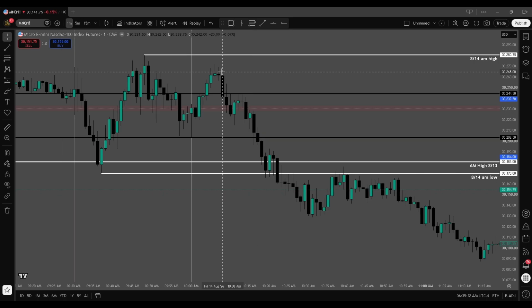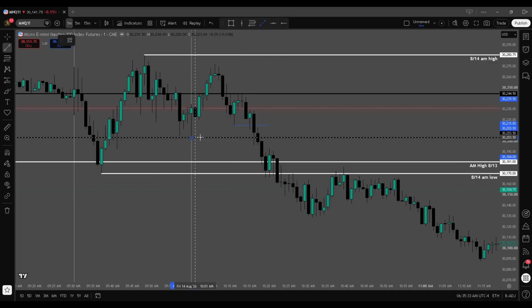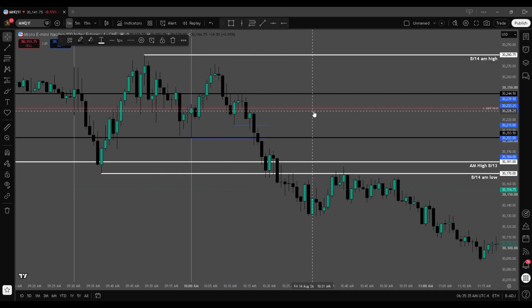What we're looking for is that break of structure. We have a low, a higher low, and we can see that this one gets broken. This one as well gets broken. So we see the closure down here and down here, and this is where we would look for an entry, because we have the break of structure, and then we include a fair value gap.